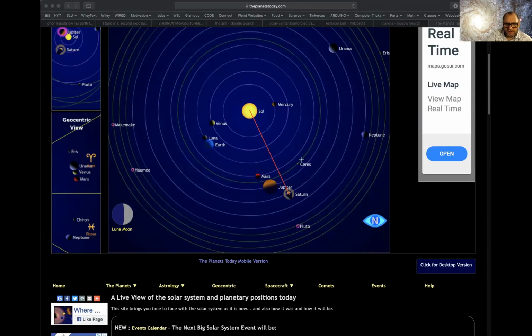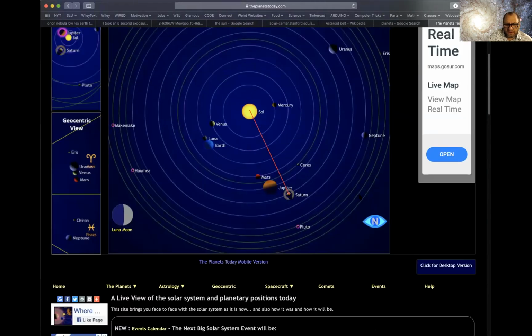Where's Jupiter? Well, I guess Jupiter and Saturn are pretty close in alignment.